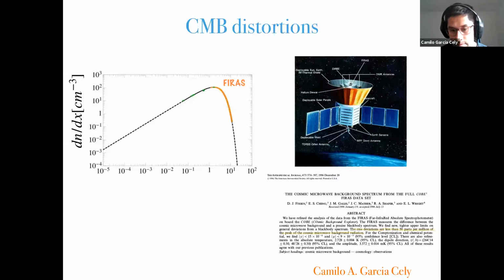In fact, in the early 90s, the FIRAS mission, which was part of the COBE mission, was able to determine deviations from a black body spectrum, and they are very, very small. You don't see them on the plot. It really looks like the Planck formula.